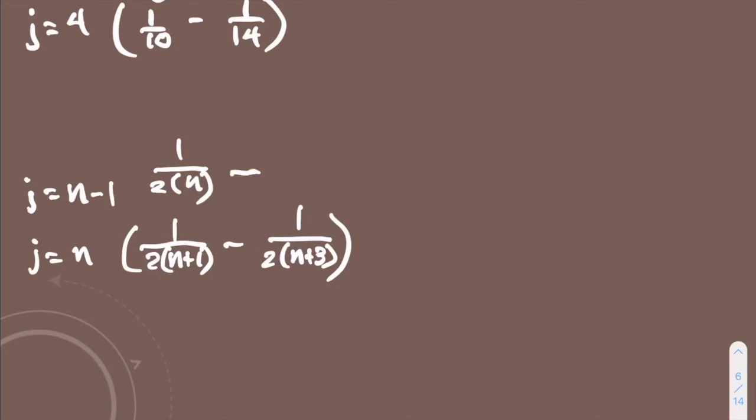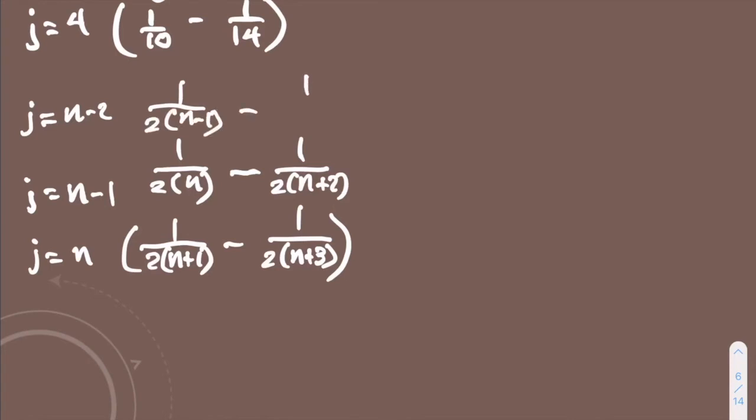And then minus 1 over 2 times n plus 2. So that's how that looks. And then j equals n minus 2. Well, so now this is 1 over 2 times n minus 1, and this one's going to become 1 over 2 times n plus 1. Let's see what we got here.